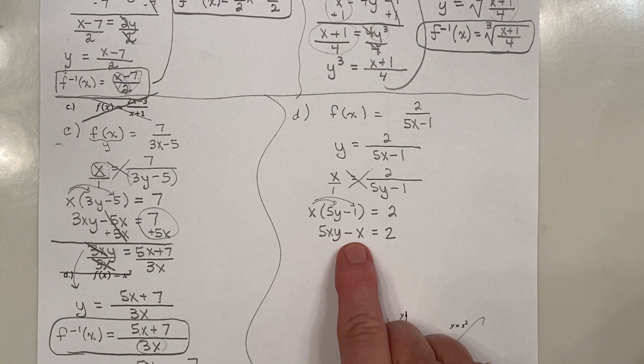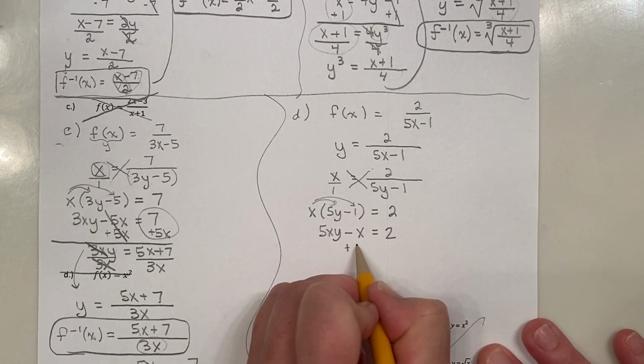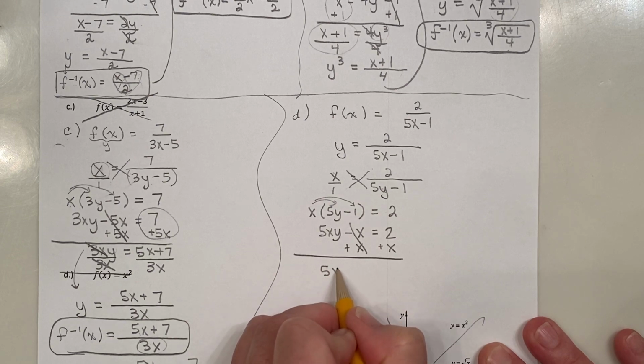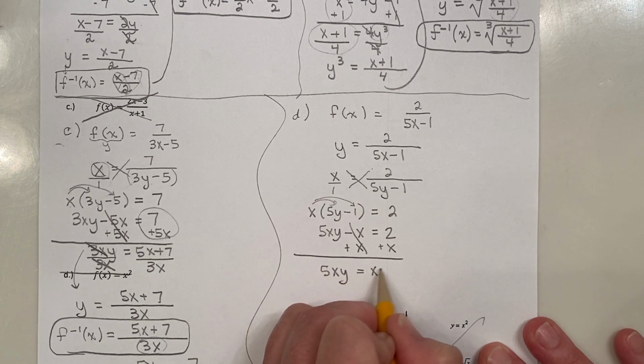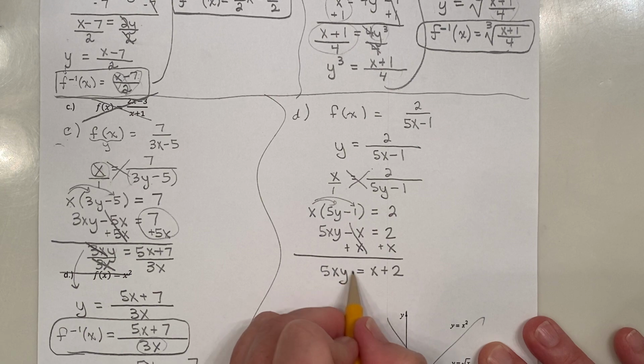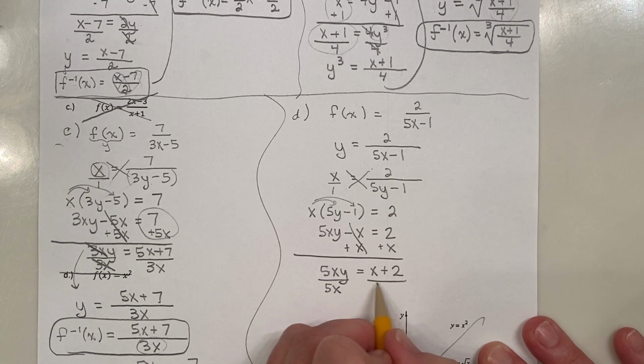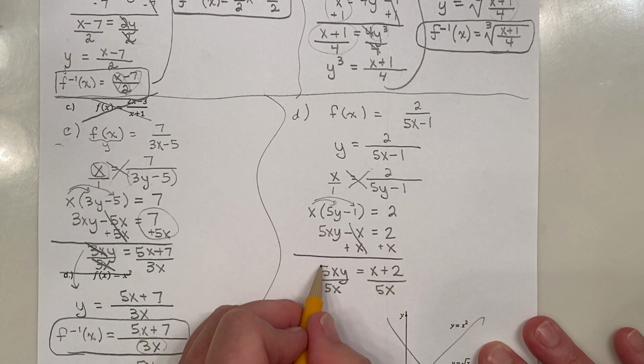And we want to solve for the new y, so let's add an x to both sides. And then to isolate y, since everything's being multiplied, I can divide by 5x on both sides of the equation.